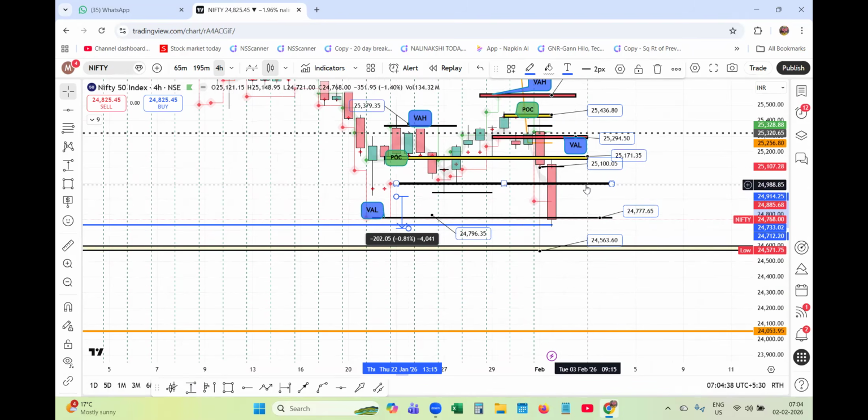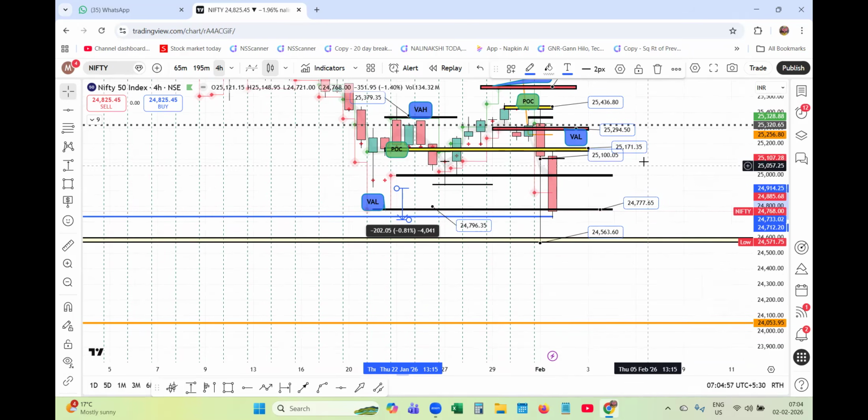So today, if it gaps up, it is the resistance. The next resistance is 25,100. The market can move within this range, 25,171 to 24,777, which is around a 200 to 250 points range.